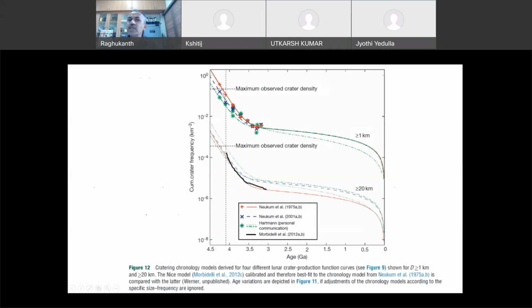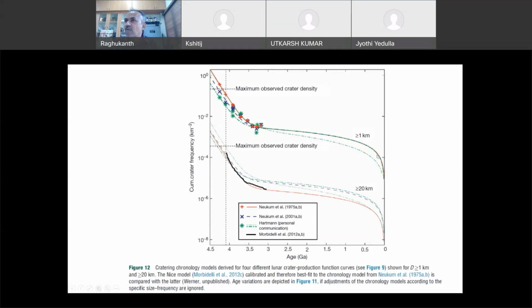You can see here, at 4 billion years, the bombardment rate was more or less close to 1, maybe 10 to the power of 0 or 4.5 say. 1 was the frequency, 1 per kilometer square. So it means in every kilometer, you would see one crater. That was the bombardment. Now, what is the bombardment rate?